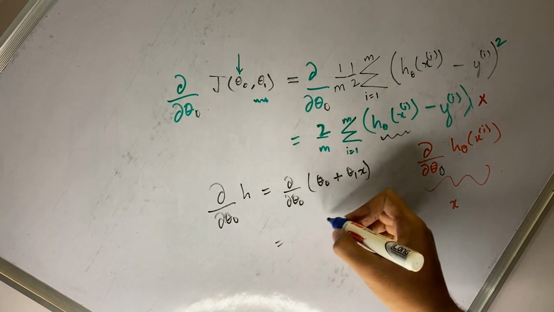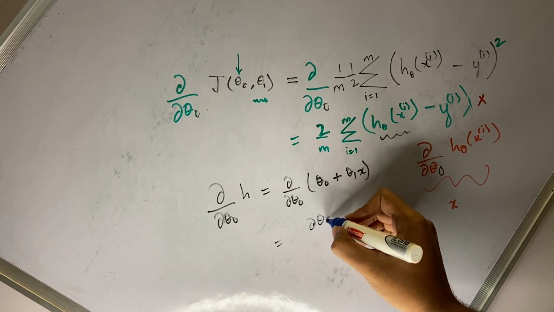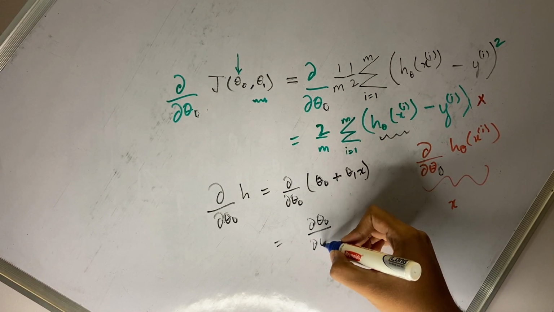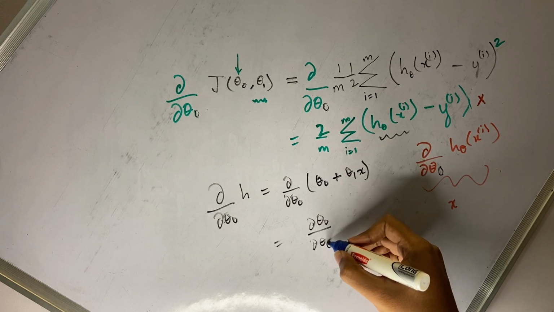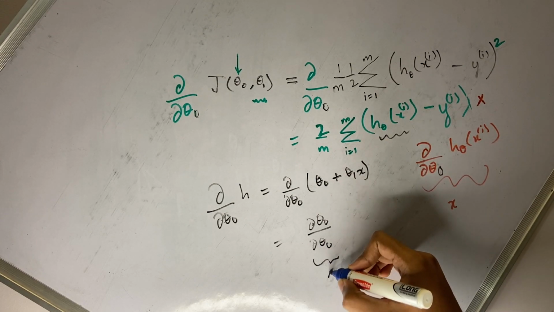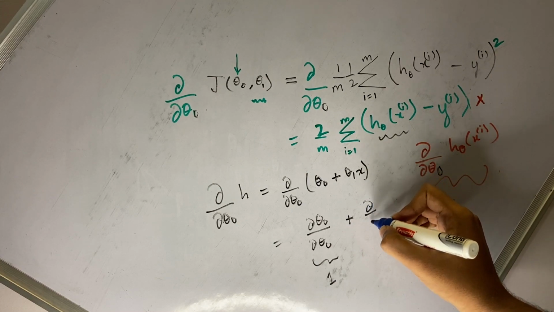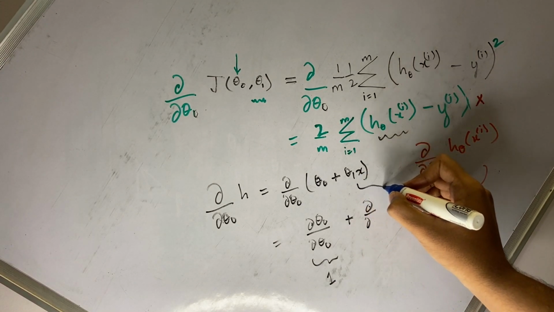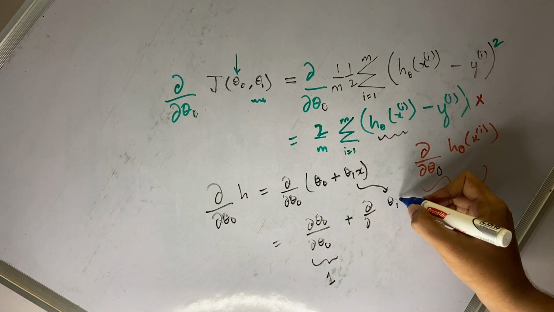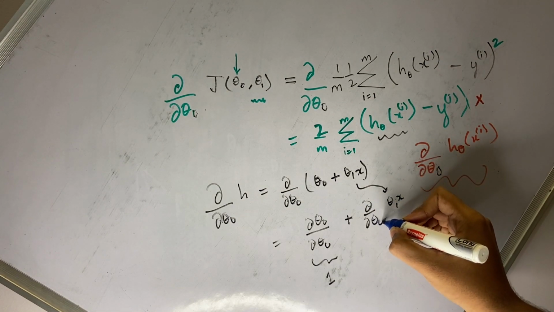Now differentiation of θ0 with respect to θ0 will be 1, plus we want to differentiate this term θ1 of x with respect to θ0.